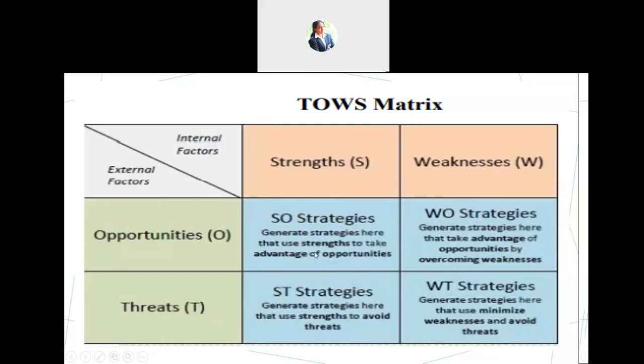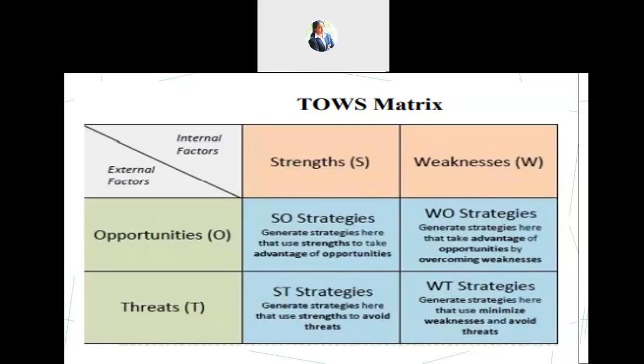SO strategies generate strategies that use strengths to take advantage of opportunities. The next one is WO strategies. This takes advantage of opportunities by overcoming the weaknesses that the organization has.